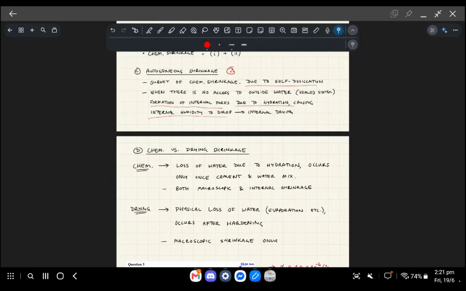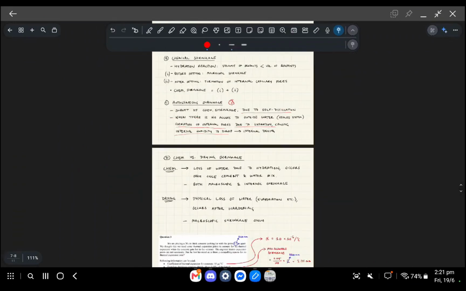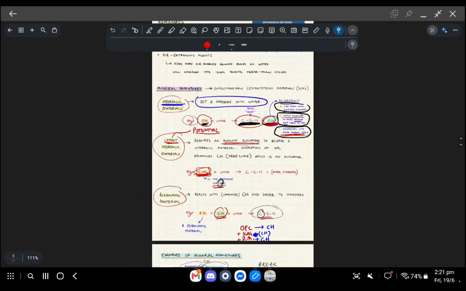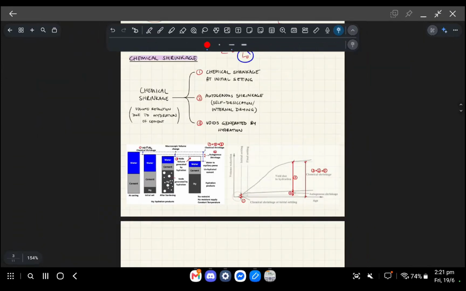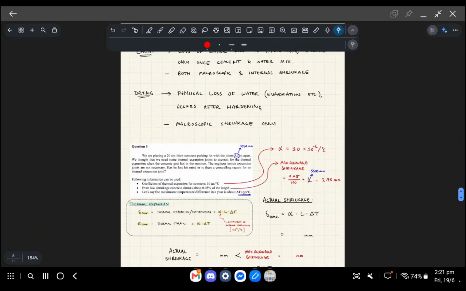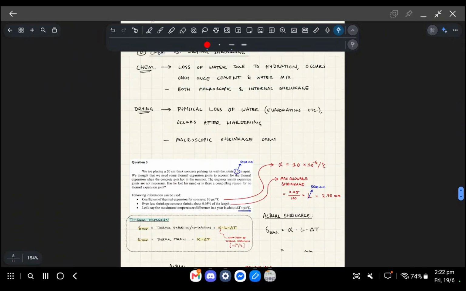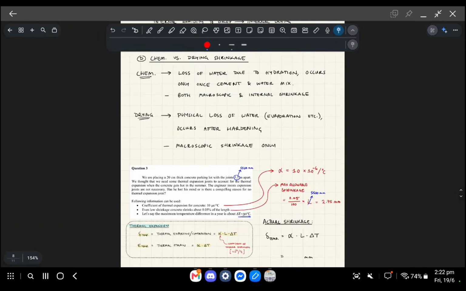Yes, but the second one that you said is only talking about part 3, all the voids generated by hydration. And the autogenous shrinkage, yes, it's internal drying, but it's still chemical related. But yes, they're all something to do with water, and it all results in a loss of volume, which is ultimately what shrinkage is.